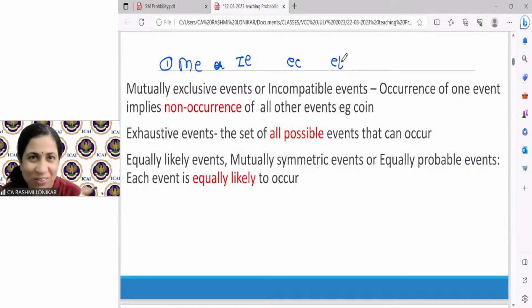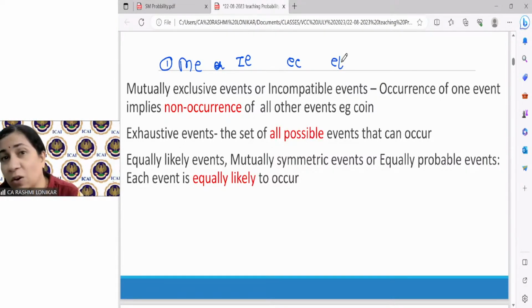But we are not going to consider all that. We don't want a Mahabharata in my paper. So I simply talk of equally likely events. If I'm throwing a dice, the probability of getting a 1, 2, 3 are all equally likely. There is no one number that is favorite for anybody.